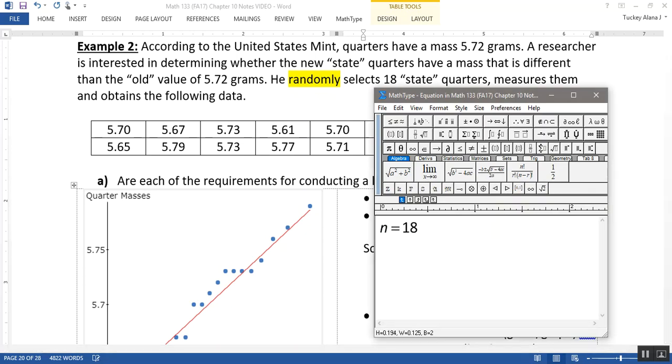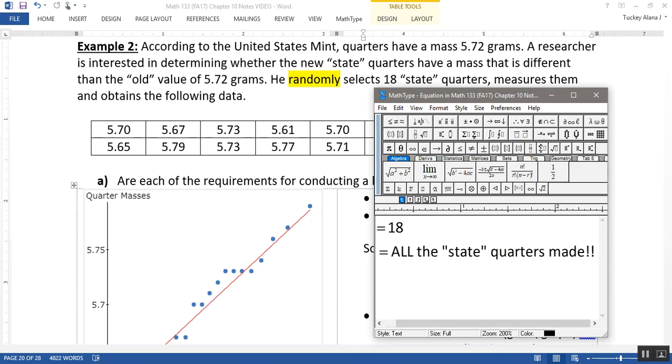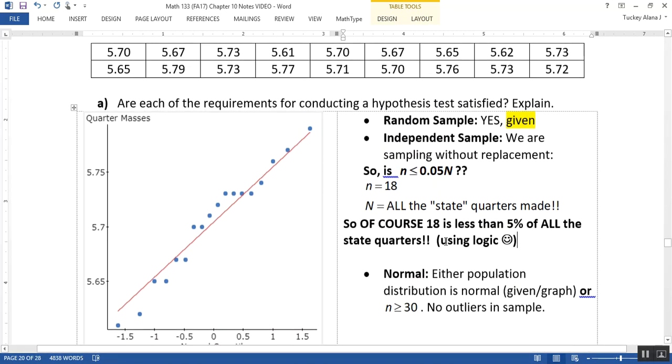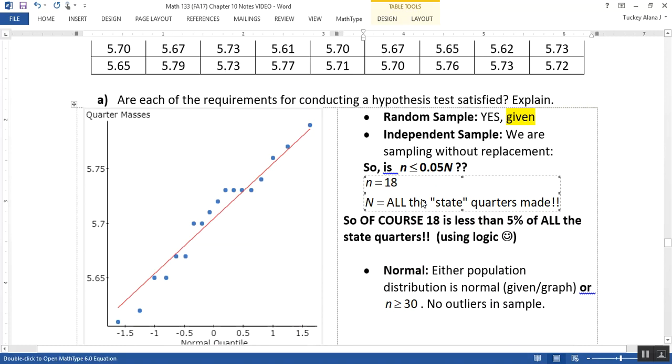And that capital N is all the state quarters made. So we kind of wave our hands at this a little bit. We make a little logical argument here and we say, okay, little n was 18, capital N was all the state quarters ever made.